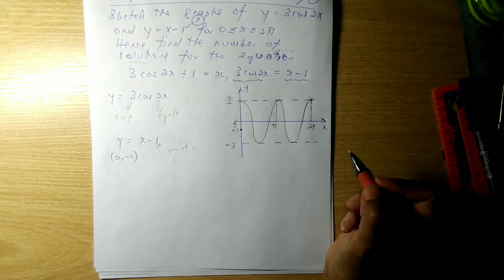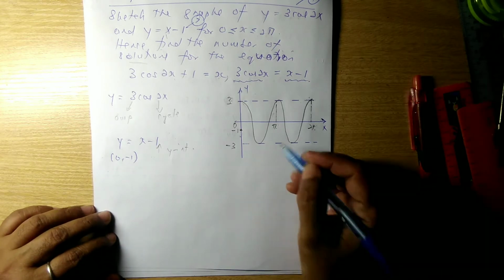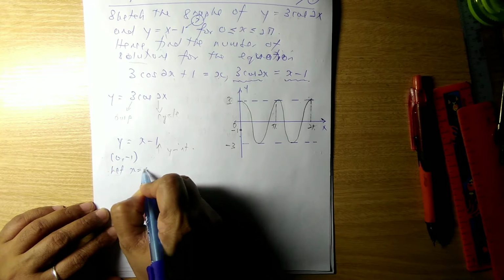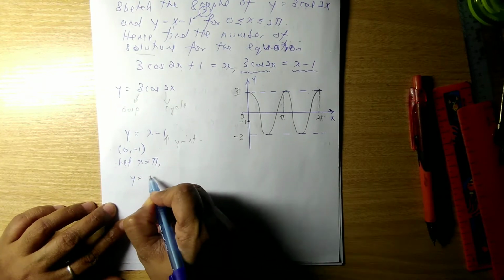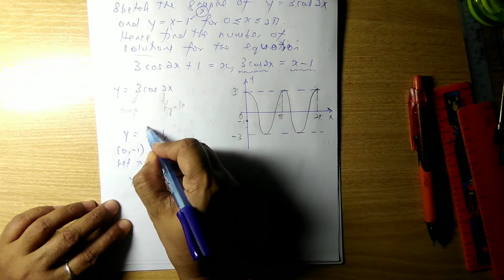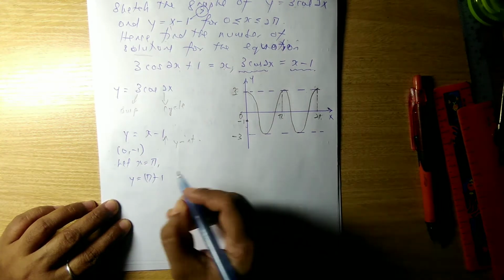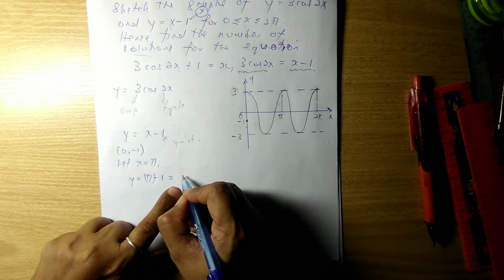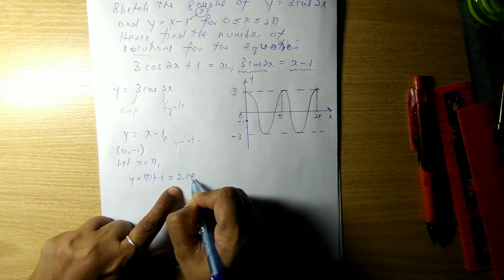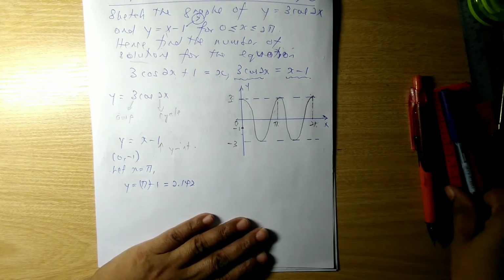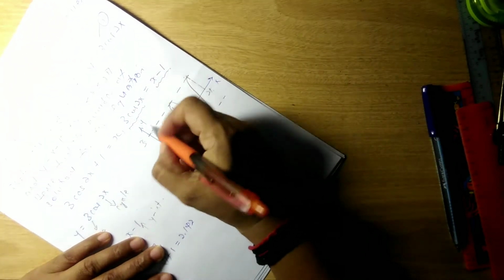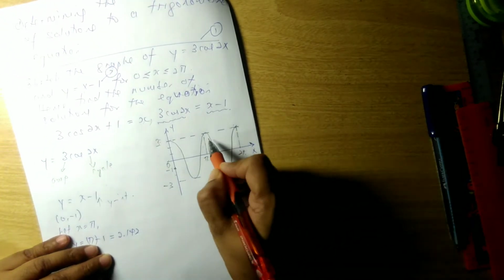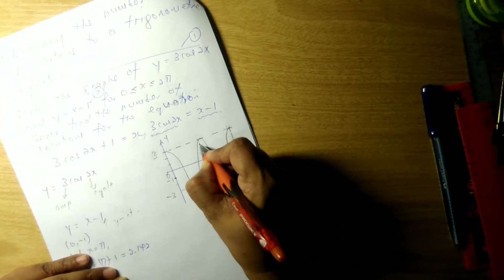We need one more, so I'll use the value of pi. Let x become pi, so pi minus 1. In place of x, we substitute pi. Pi is 3.142, so minus 1 is 2.142. Estimated, it's around here.